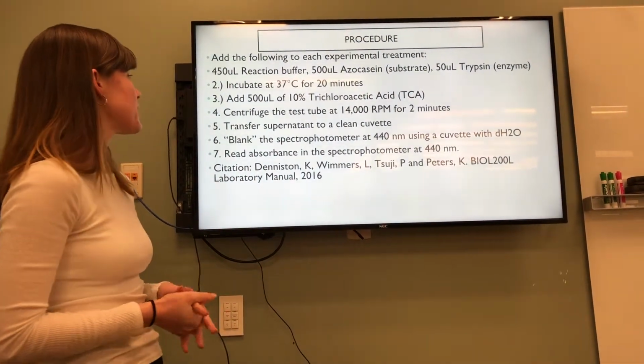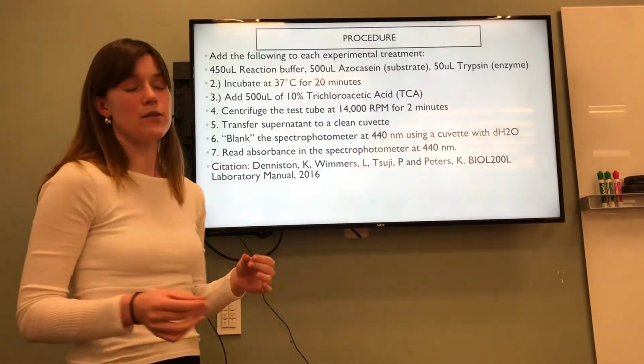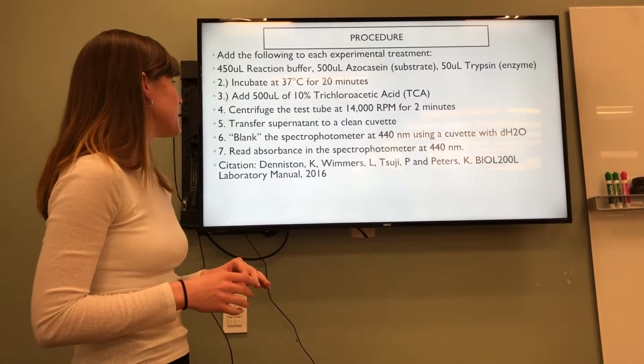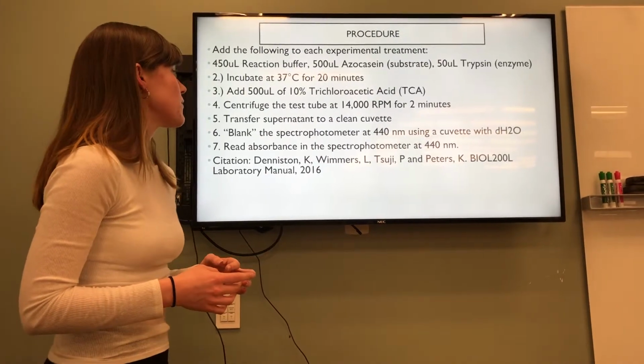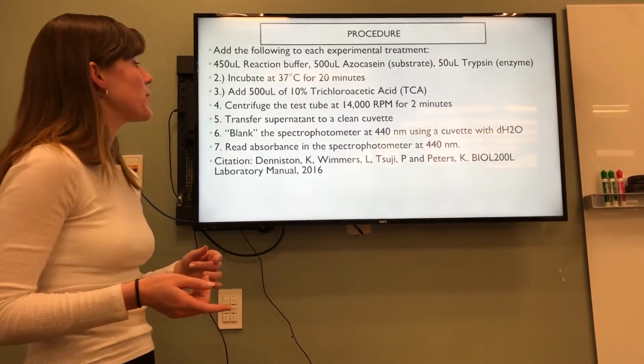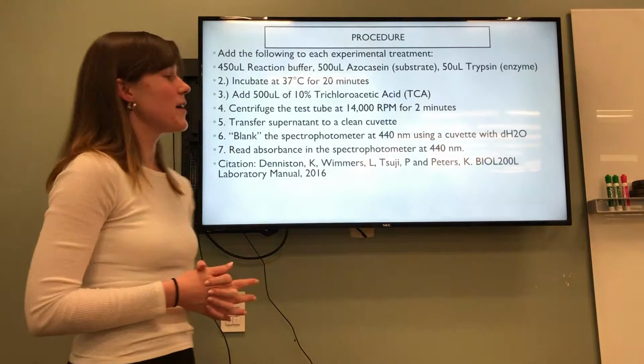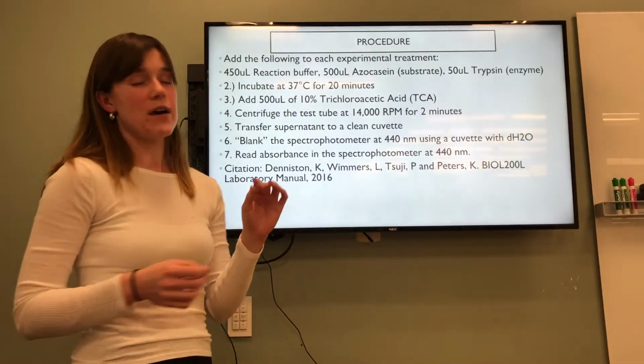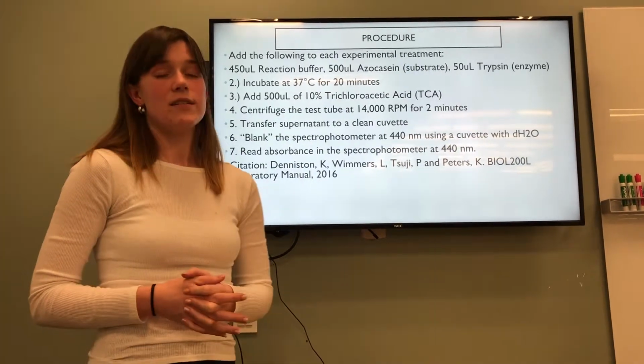Then step 5, we transferred the supernatant to a clean cuvette. Step 6, we took the reading on the spectrophotometer at 440 nanometers using a cuvette with dH2O.